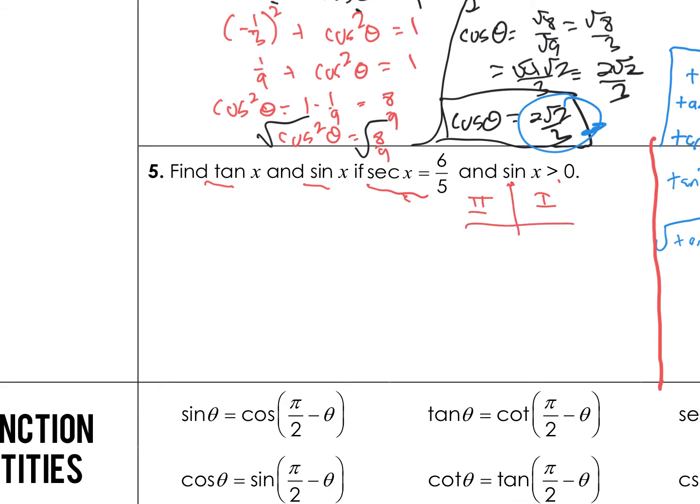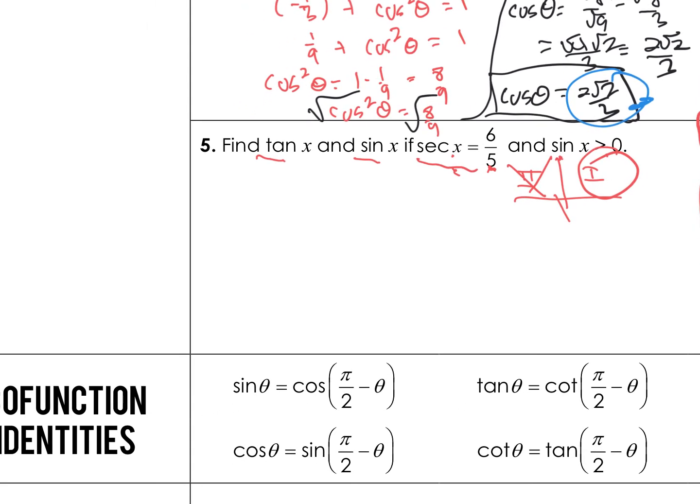If you remember that, all students take calculus. But I know that secant is positive because it says 6/5. So I know I can't be in quadrant 2. So the answer has to be in quadrant 1. Keep that in mind. That's why they give us this information, to make us get mad.